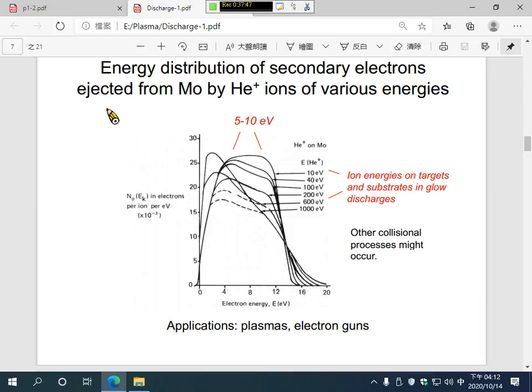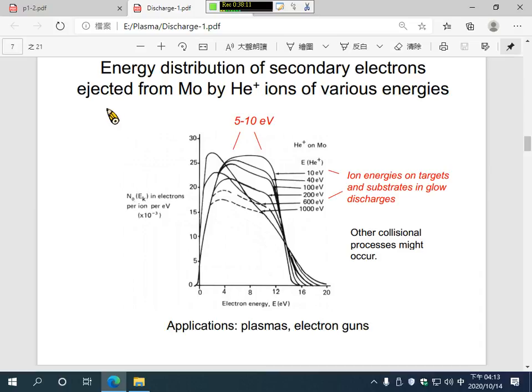So you can use helium ion to bombard a molybdenum surface and collect the secondary electrons by a detector, just like the detector placed inside the SEM, and then measure the energy of the secondary electron.